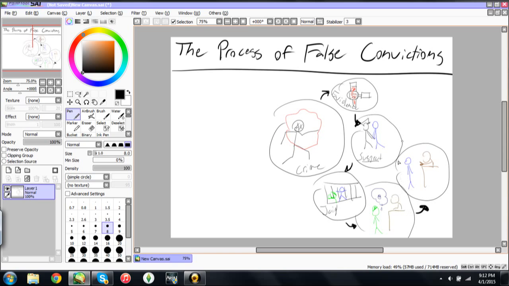Even though for the sake of this purpose, we are assuming that he is innocent. And, well, stick figure, he is innocent. So, then, from there, he gets convicted to life in prison. One door, and a barbed wire fence, 'cause why not? Prisons are scary.